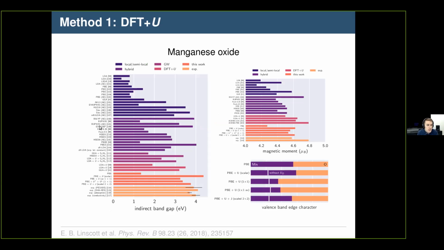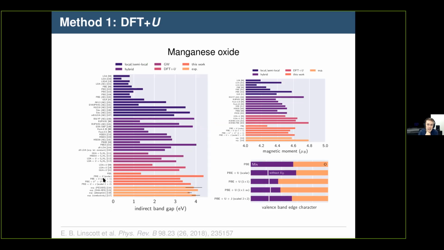So just to present some results, here are some calculations that I did on manganese oxide. Well, specifically the ones I did are these ones down here. So these are some DFT calculations compared to experiments. So I've just focused on these ones down here. So this is the indirect band gap. And so PBE is one of these entry-level DFT functionals, and it gets a much smaller band gap than experiment.